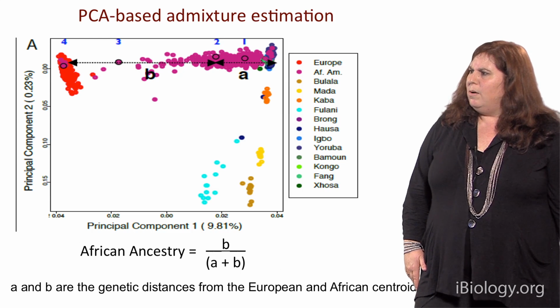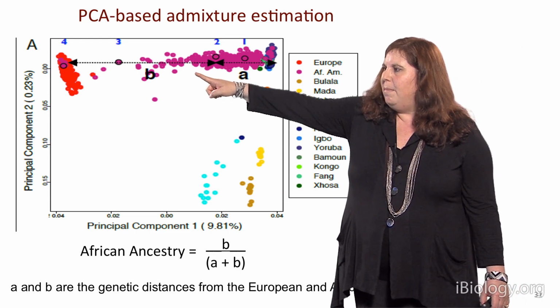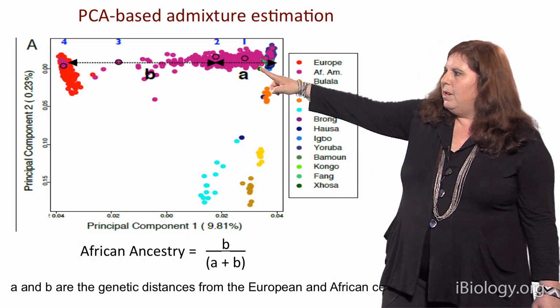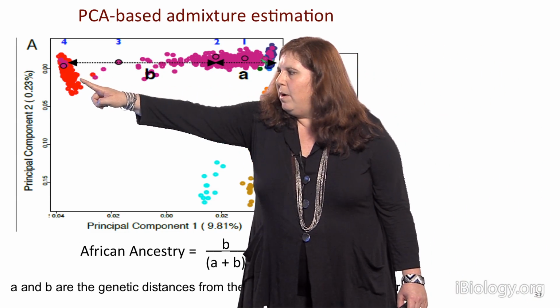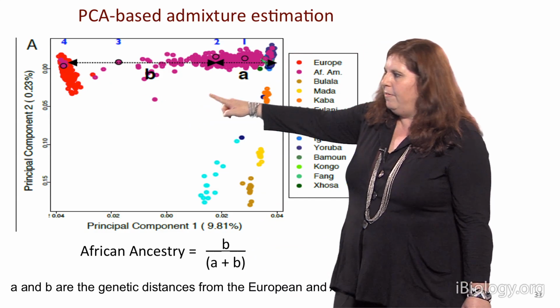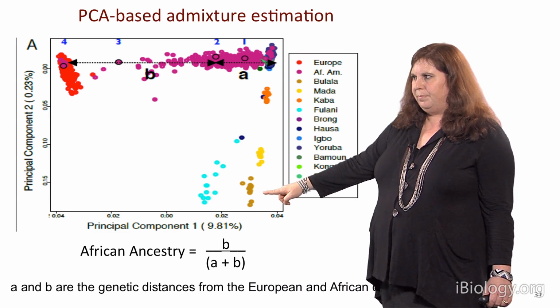We then did a principal component analysis, including the African American individuals shown here in sort of fuchsia color, and shown in red are Europeans, and then here we had the different West African populations.